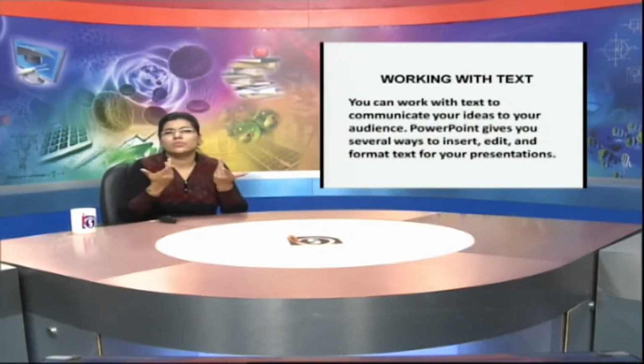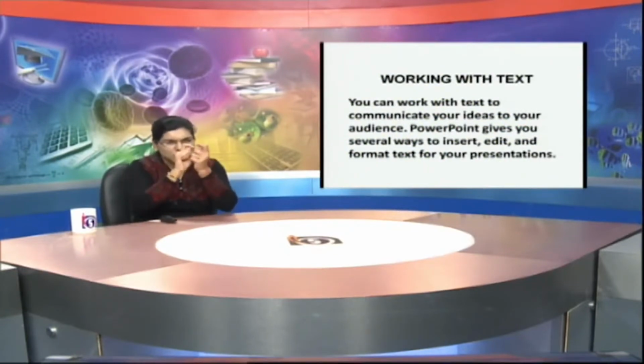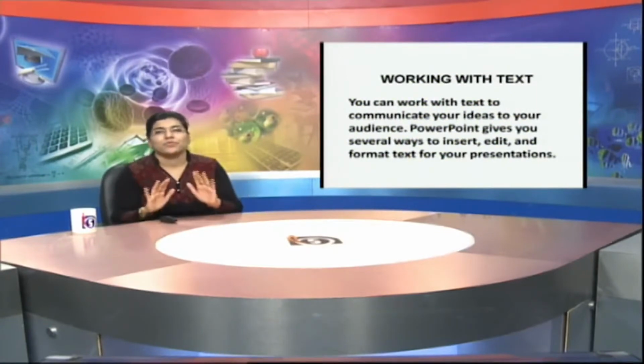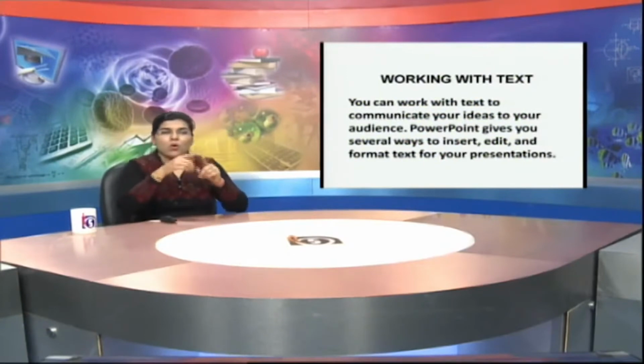Now let us see, friends, what is working with the text. You can work with text to communicate your ideas to the audience. PowerPoint gives you several ways to insert, edit, and format texts for your presentation.